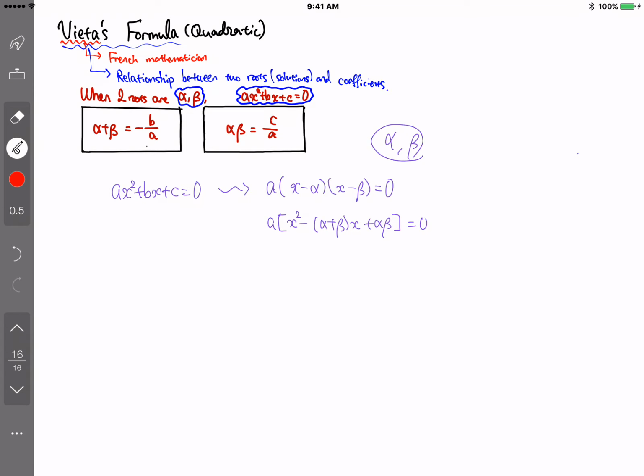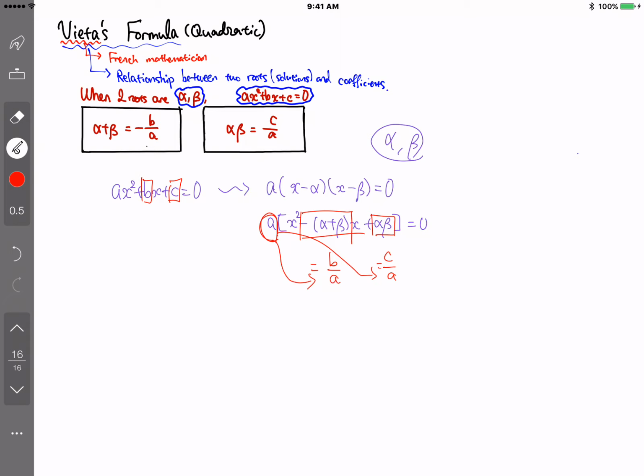The negative of alpha plus beta is the coefficient of x, which equals b divided by a, because there's also a here, so we need to divide in order to make it equivalent. Next, alpha times beta is the same as c divided by a, because this and this are the same amount. Also, this is divided by a to make it equivalent.